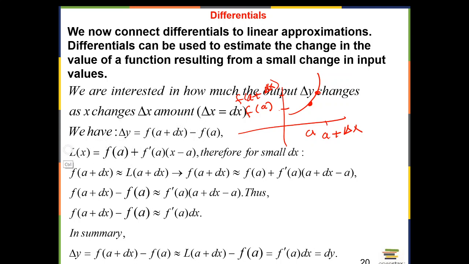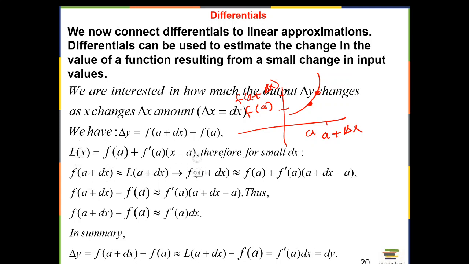On the other hand, we know the linearization equals what? f of a plus f prime of a times x minus a, right? Now for a small dx, of course. So that means f of a plus dx is approximately the same as the linearization at a plus dx.